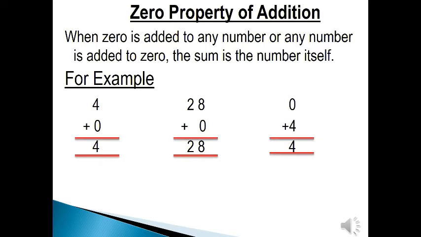Just take the numbers 4 and 0. If we add 4 to 0, we get the sum 4, and even if we add 0 to 4, we get the sum 4.